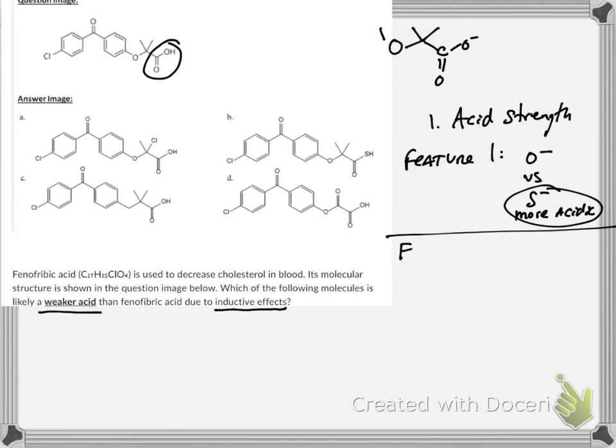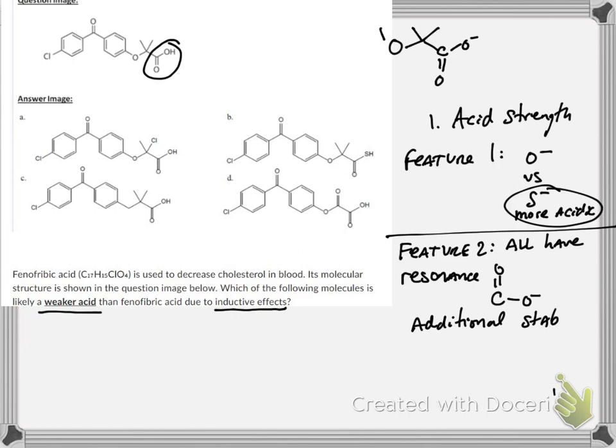And for feature 2, we're just going to go through the different features here. Feature 2, are there any differences? And the answer is no. There's no difference because all of the groups are shown with single bond, double bond resonance. And so this additional stability by resonance, all of the options, A, B, C, D, all have it.